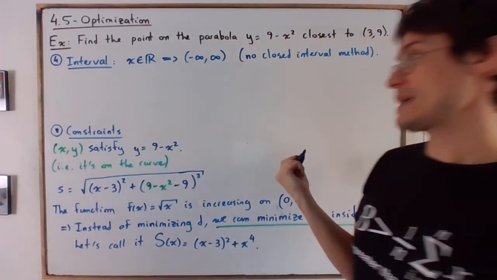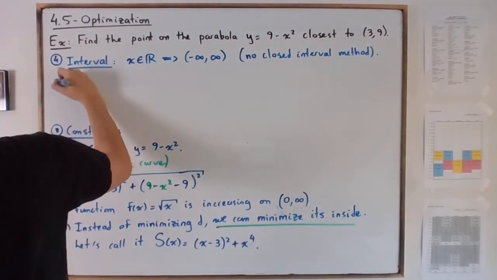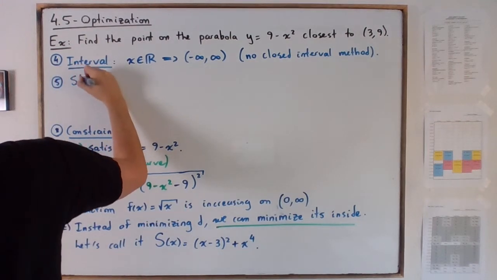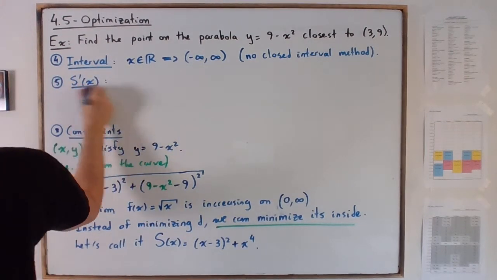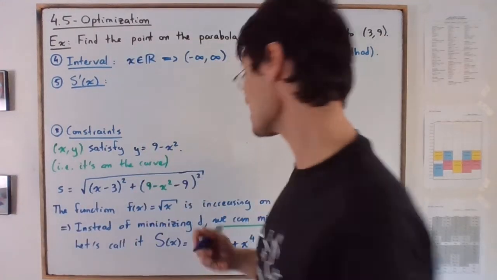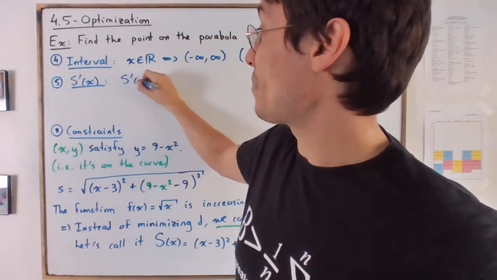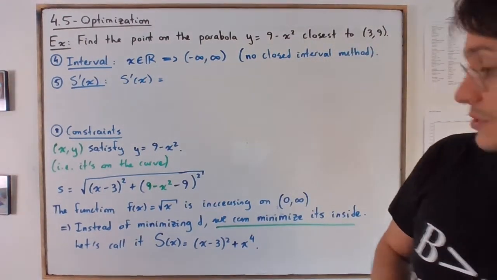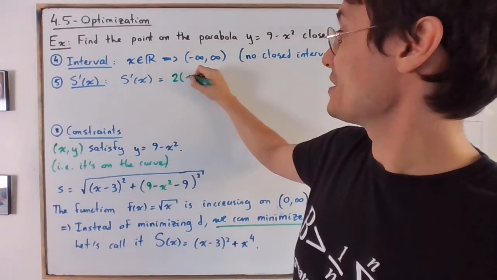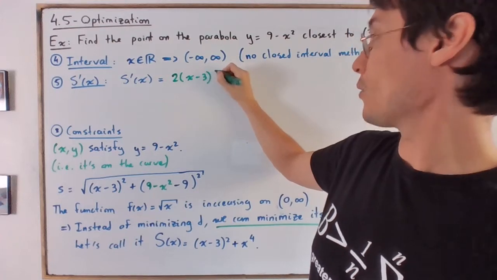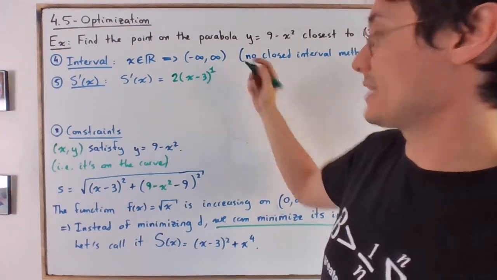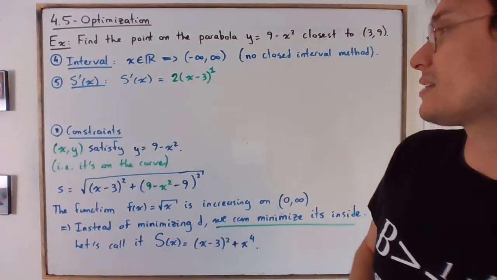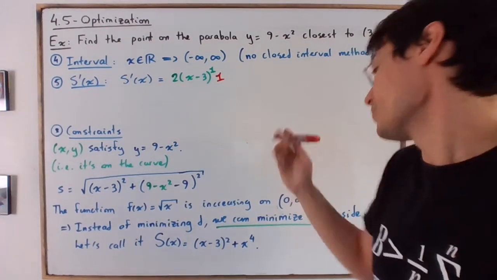Okay. Now step number 5 is to actually take the derivative of our objective function. Okay, so capital S prime of x. So this is the easy part. We're going to use the chain rule on this. So twice x minus 3 to the power of 1, obviously, but let's write it down just to be really clear. Times 1, okay, well, chain rule.